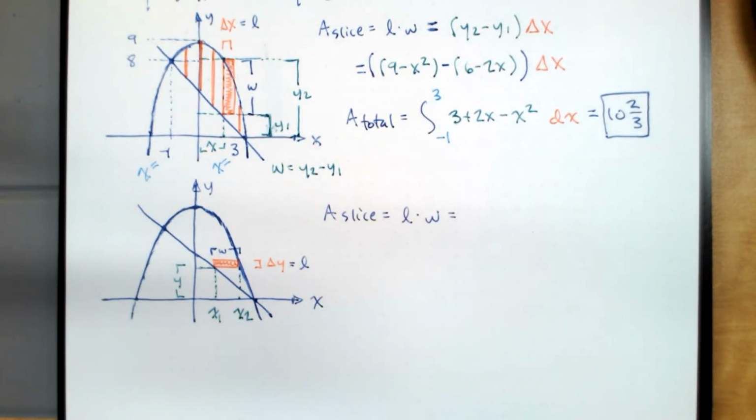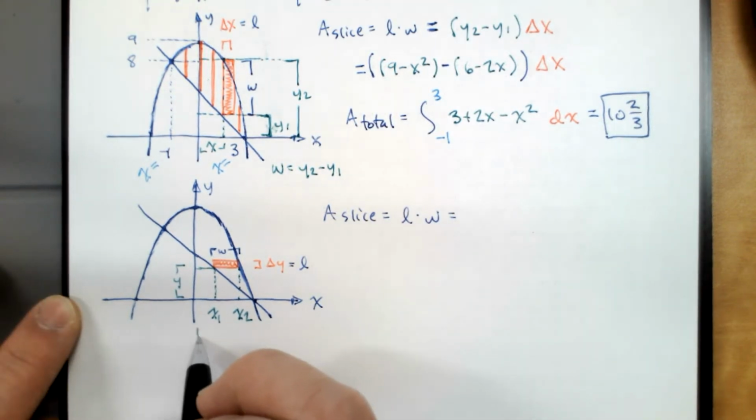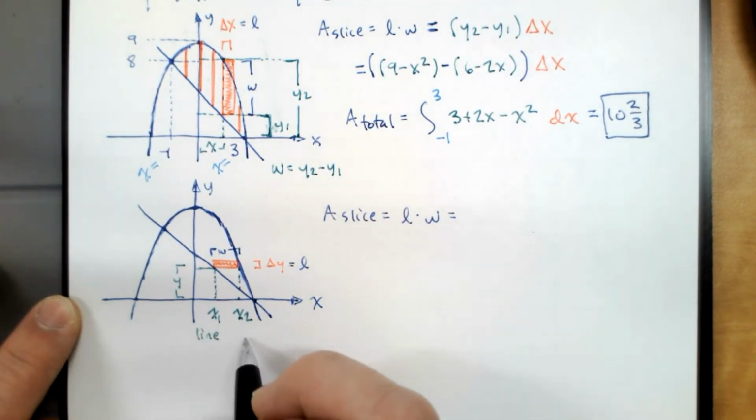Notice that for this particular book, the left side is the line and the right end is the parabola. So X1 is the line and X2 is the parabola.